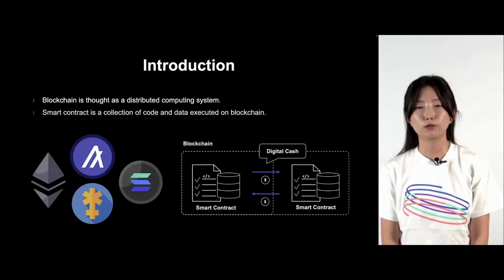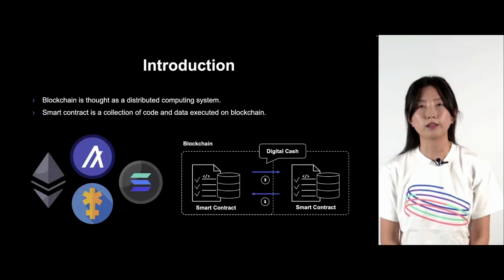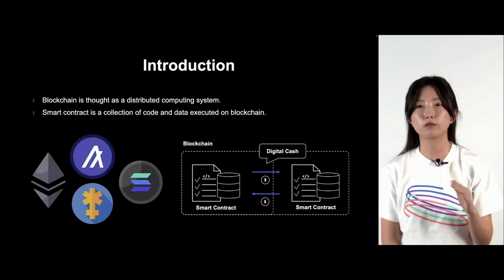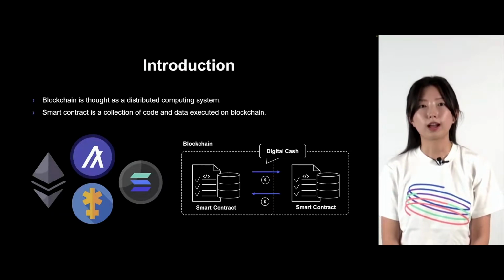A smart contract is a bundle of code and data that goes on top of a blockchain, so it is a program that runs on a blockchain. The smart contract is closely related to digital cash. For instance, a contract on a single blockchain will exchange digital cash with other contracts, so various transactions can be made.